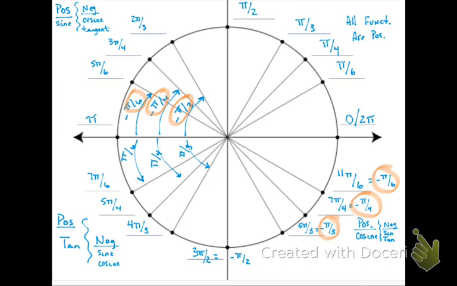Now, the only cases that this is going to apply to, as far as when you can go outside of your area, is whenever we're dealing with inverse sine, inverse cosine, inverse tangent on the outside. Whenever we're dealing with that on the outside, then we can come back in and look at different spots.